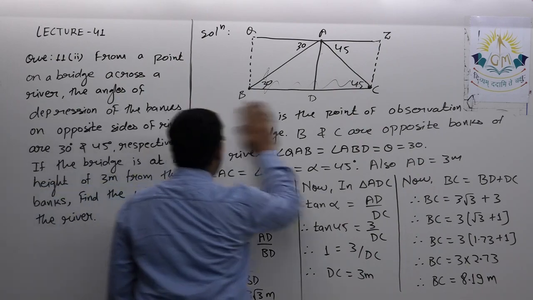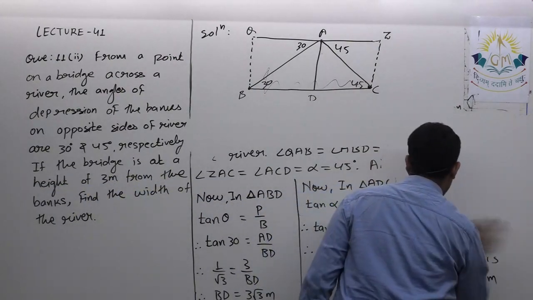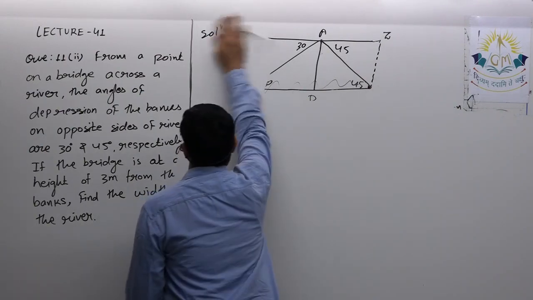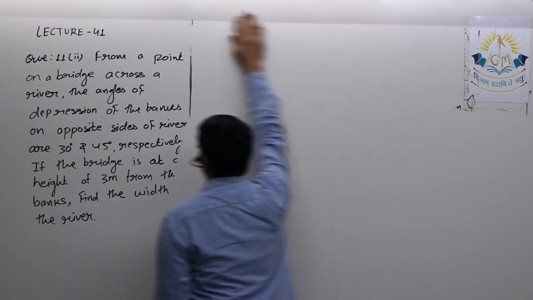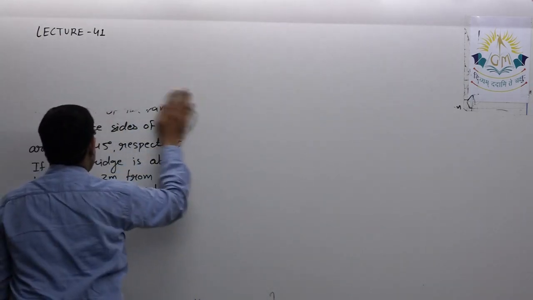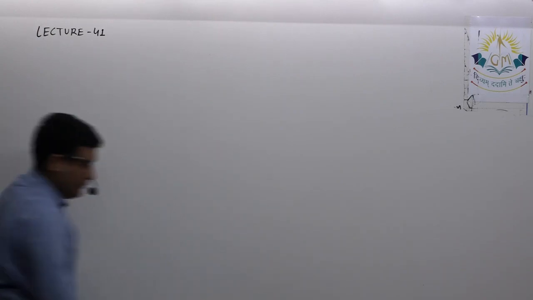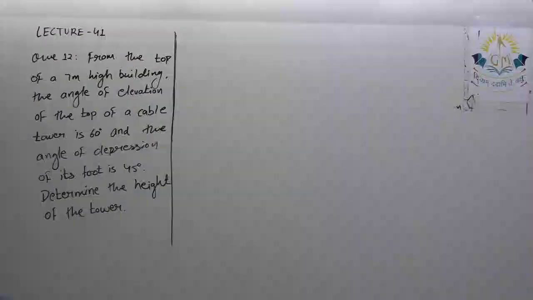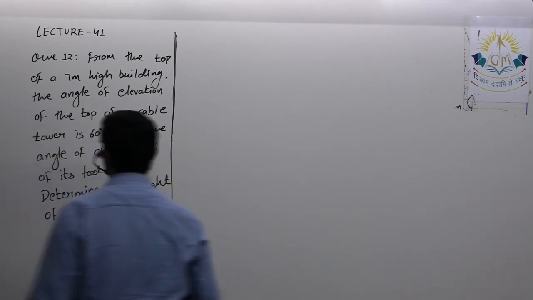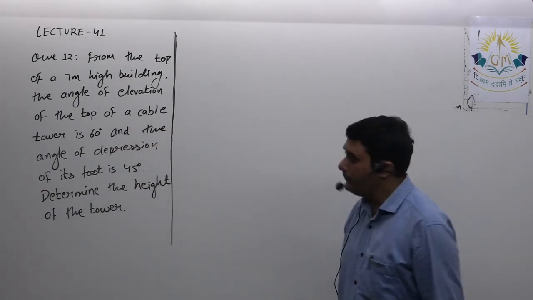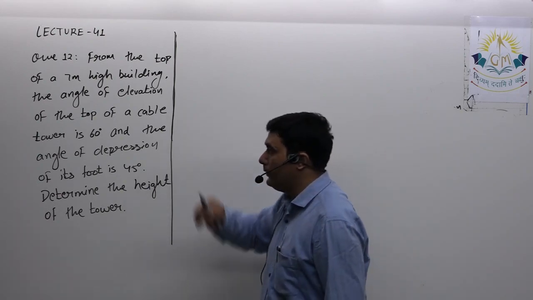Okay, so here is the next question. Question says from the top of a 7-meter high building, the angle of elevation of the top of a cable tower is 60 degree.